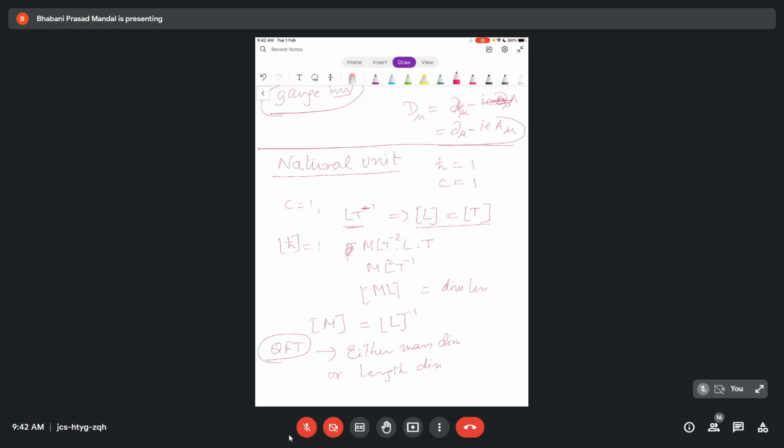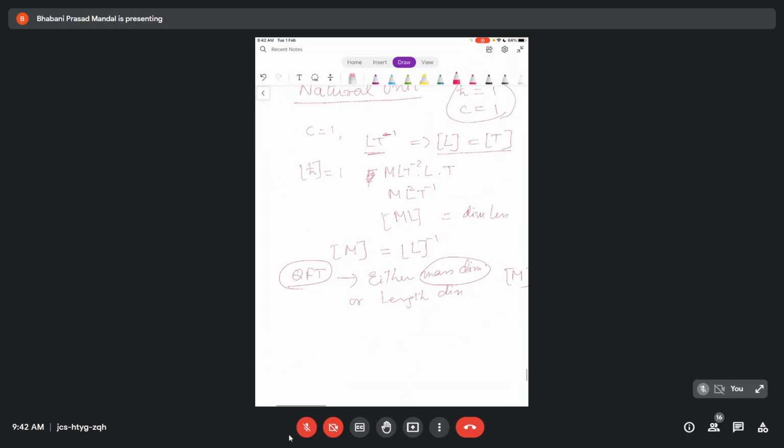Length and mass dimension are inverse to each other. So instead of 3 fundamental dimensions, mass, length and time, by choosing this unit I can reduce it to only one fundamental dimension. For the time being, let us consider mass dimension. So everything will be mass dimension.